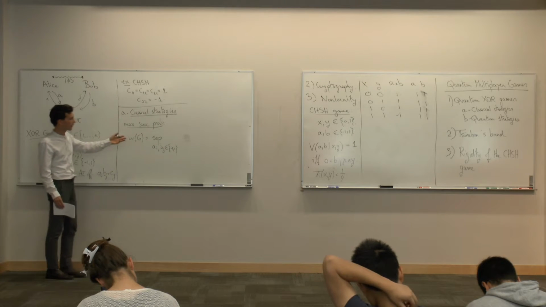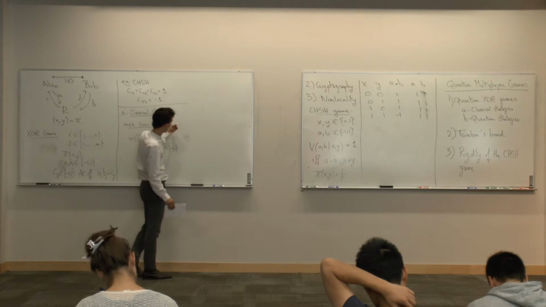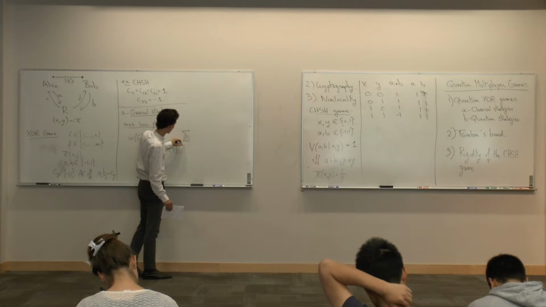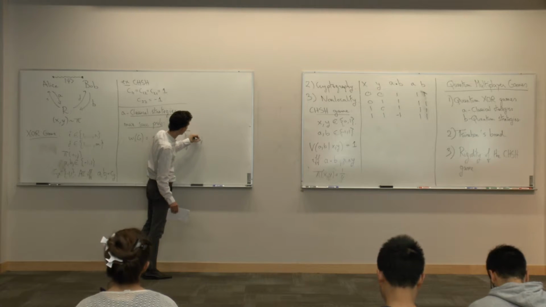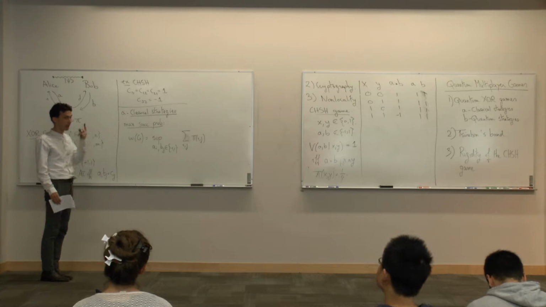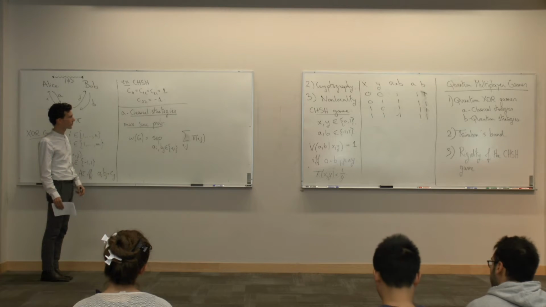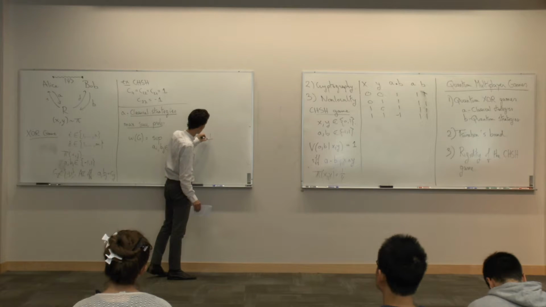Once I fix the strategy, what's the probability with which I win the game? Well, I sum over all questions. There's a certain probability that I ask the question, and then I multiply this by 1 if the answers are valid for the question.